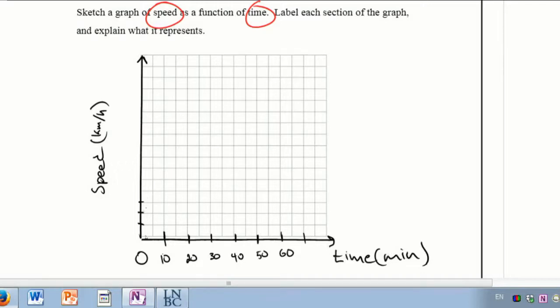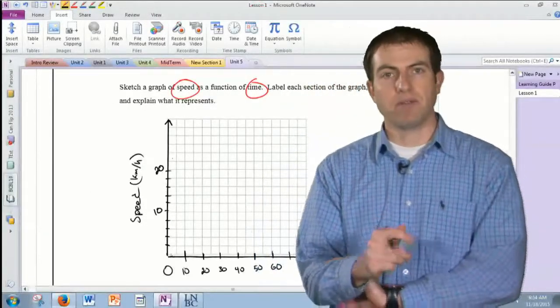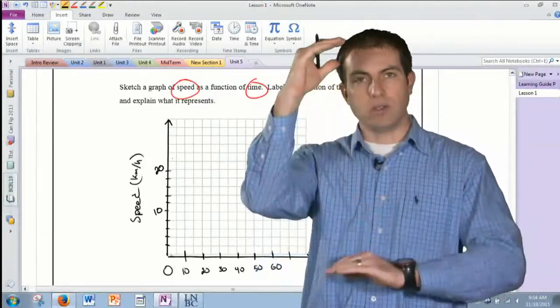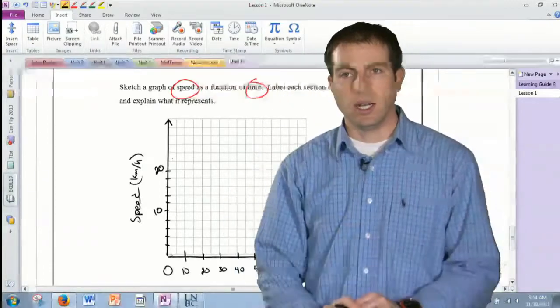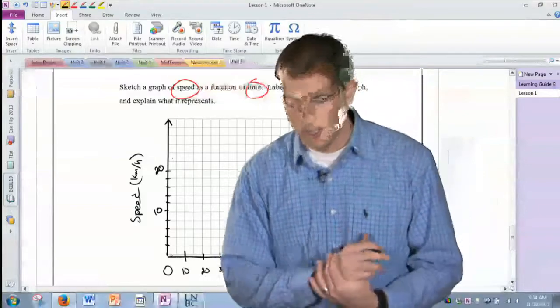So 2, 4, 6, 8, there's 10, and then 12, 14, 16, 18, up to 20. If you went up by 5s, you would not quite use as much as possible. It doesn't matter what you choose. You just want to try to use as much of the graph as you can.